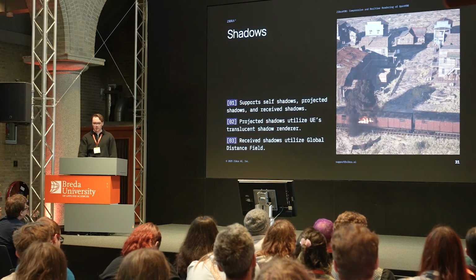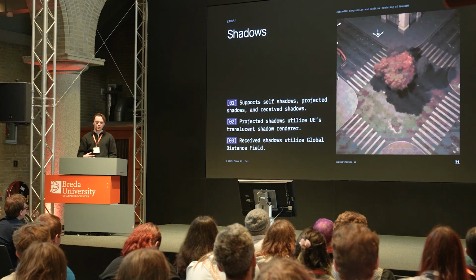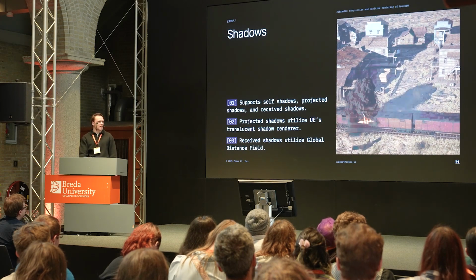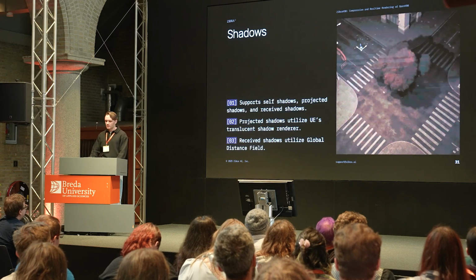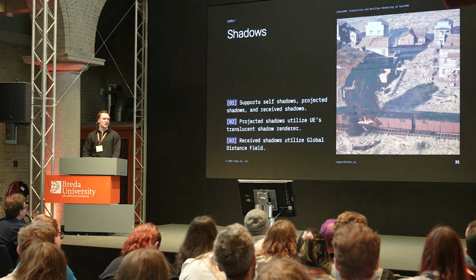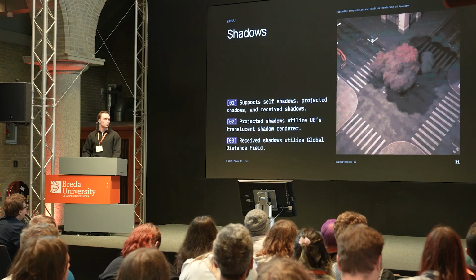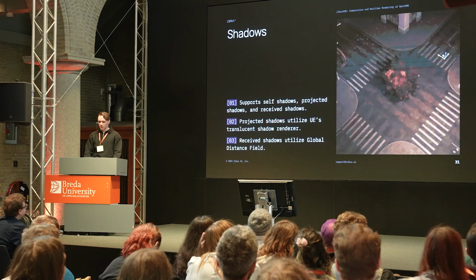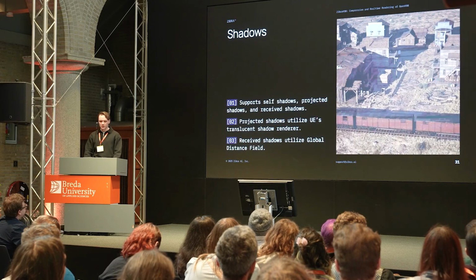Received shadows are when geometry casts shadows on your effect. We're using a global distance field. This is actually not the most optimal approach, but we cannot access shadow maps in our shader, so we are going this way for now. I think we will replace it in the future with shadow maps. It will give much better quality and much better performance.